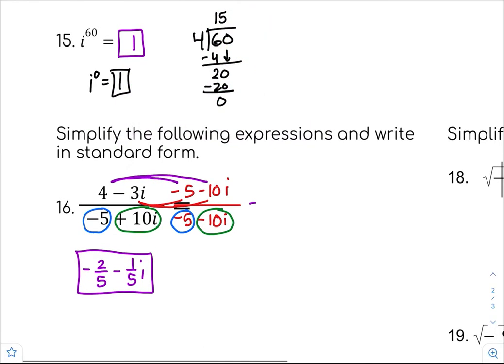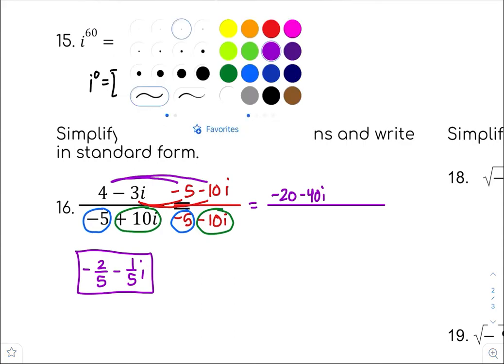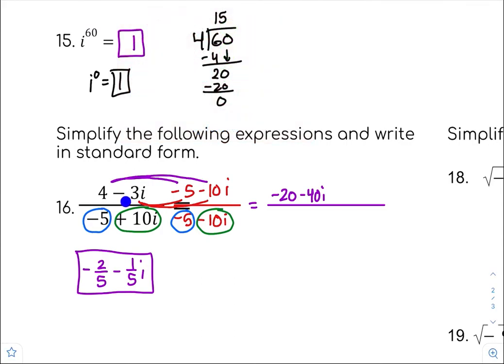So purple pathway first. 4 times negative 5, negative 20. 4 times negative 10i, negative 40i. Negative 3i times negative 5 is positive 15i. Negative 3i times negative 10i is positive 30i squared.